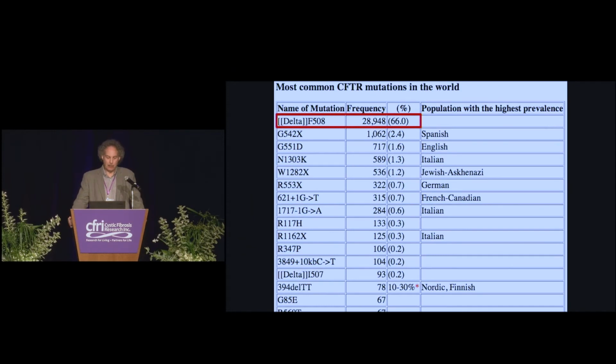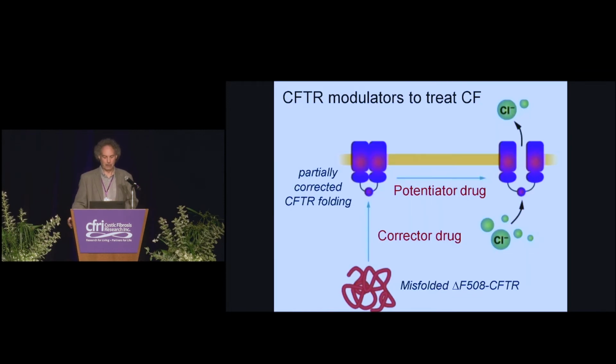We began looking at the obvious mutation, the delta F508, because it comprises by far most of the CF patients worldwide. Although as we go along, I'll talk about many other mutations specifically and in general. So we introduced the general paradigm in the early 2000s of potentiators and correctors.